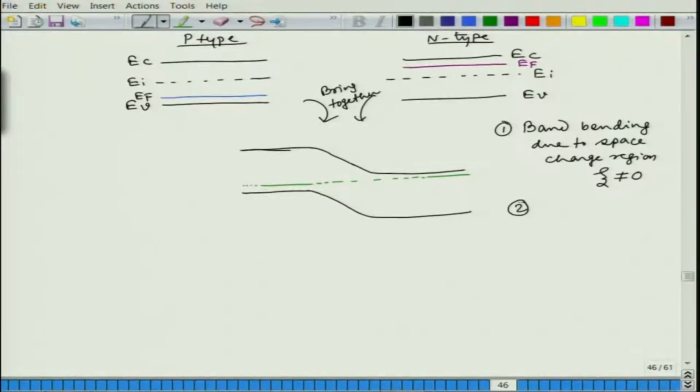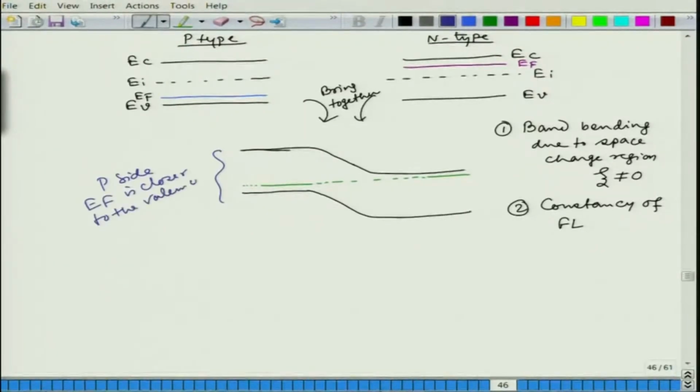And also we see this constancy of Fermi level, and you see that here on the p side you are still maintaining the p side Fermi level EF closer to the valence band.